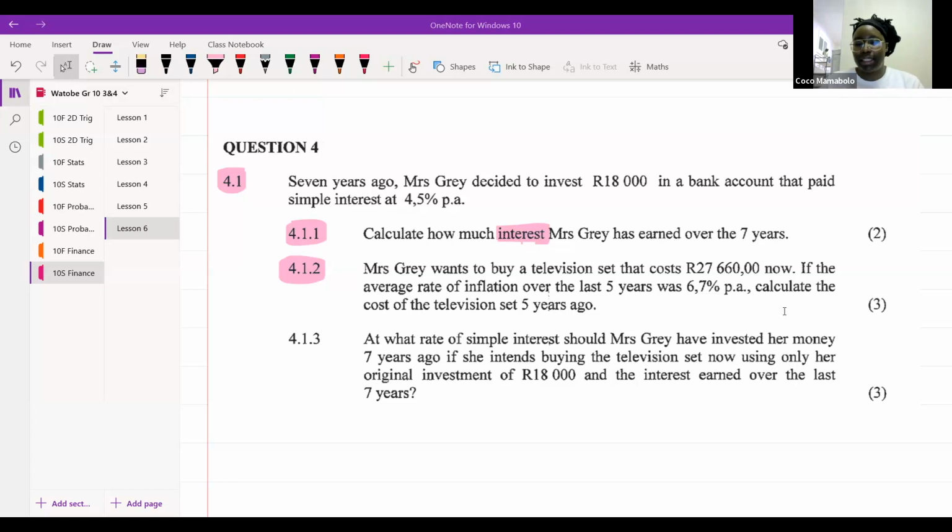Okay, that's okay. Let's check these answers. So we already know that they're asking us to calculate this over simple interest, which is easy enough, right? The question says, calculate how much interest Mrs. Gray has earned over 7 years. So we know A is equal to 18,000, open brackets, 1 plus 4.5% multiplied by 7. We should get an answer for that.